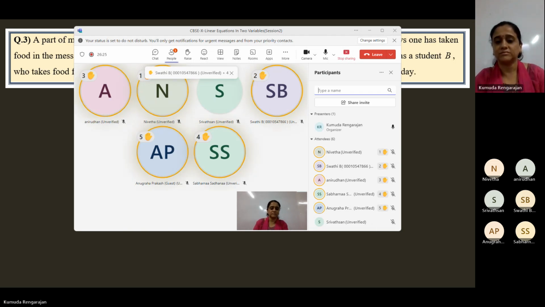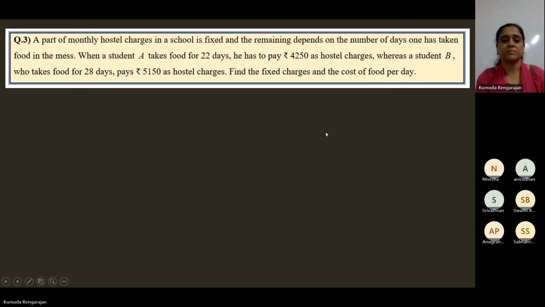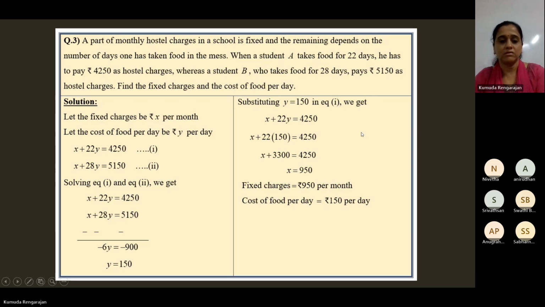Okay, Niveda, Swati, Anirudhan, Savarna, Sadhana, Anugraha, Srivatsan. You're there. Okay. So I'll share all these images with you tonight.